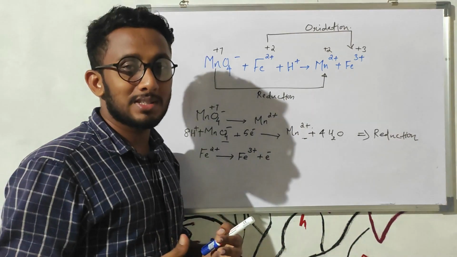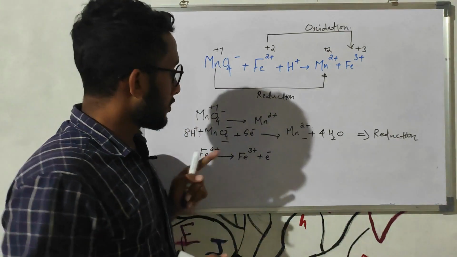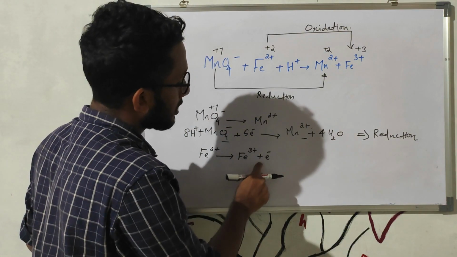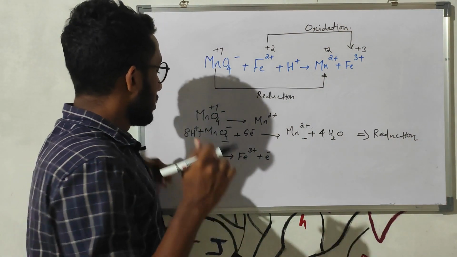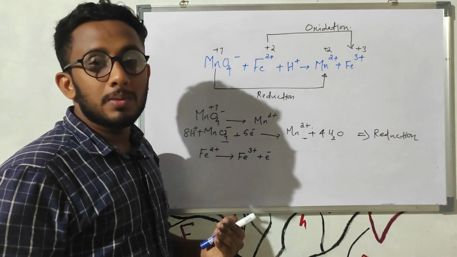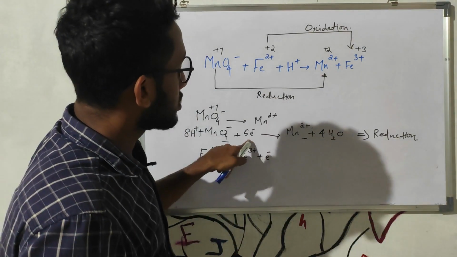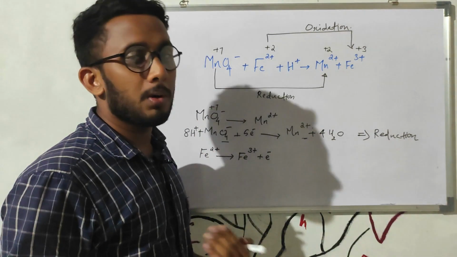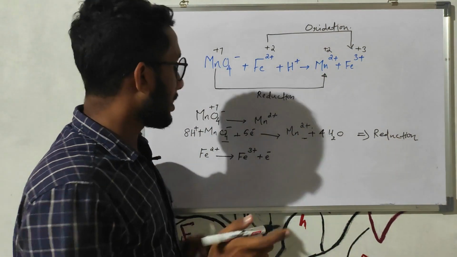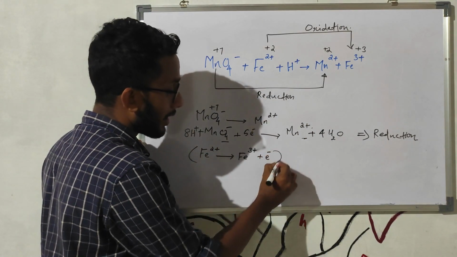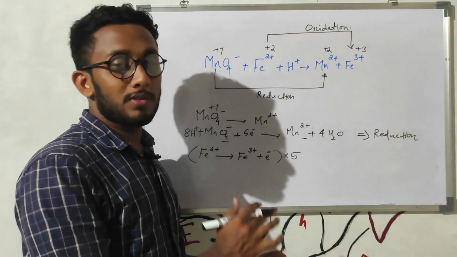Balancing the electrons is also part of our balancing. You can see that here are 5 electrons and here is 1 electron, so the reaction is not balanced. We have to multiply by a suitable number to balance the electrons. What's the least common multiple of 5 and 1? It's 5. So we multiply this reaction by 5 to get an equal number of electrons on both sides.